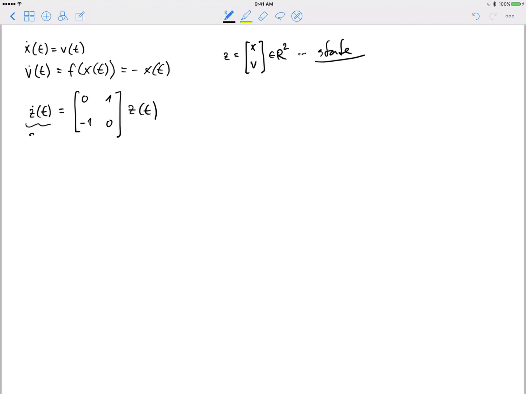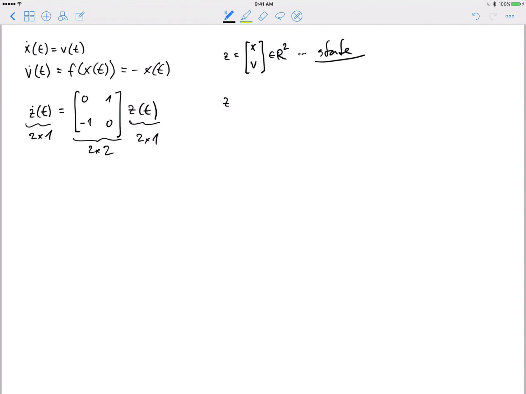Well, I can write this as a 2 by 1 matrix, a two-dimensional vector, okay? This is a 2 by 2 matrix, and this is a 2 by 1 thing again, okay? So this is very basic linear algebra, two-dimensional vectors, and we have a matrix there, okay? And indeed, this z of t is x and v, right?